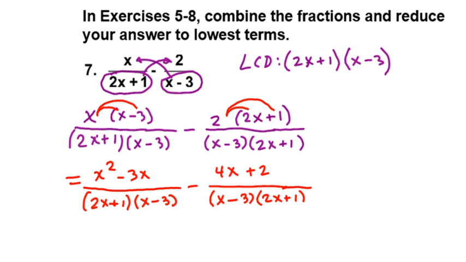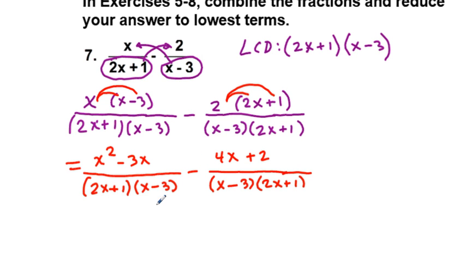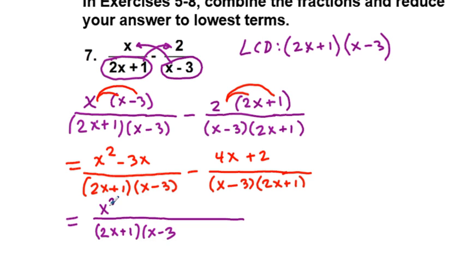So now we're able to rewrite this thing as a single fraction in lowest terms, and to do that, we're going to combine like terms. Okay, now we're going to have one common denominator, which is going to be quantity 2x plus 1 times quantity x minus 3. And here we have x between everything here. On the left term, we have x squared. And we're going to have negative 3x, and that's going to be minus 4x.